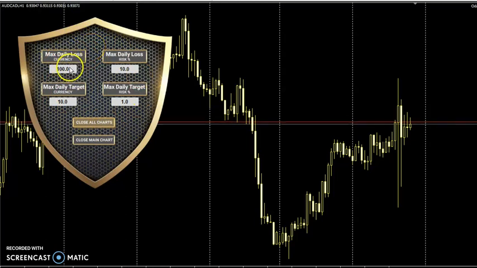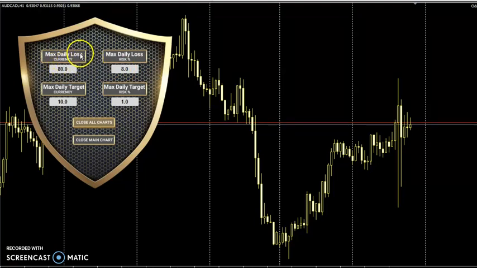You can see that when I entered $100 here, it changed to 10% over here because this is a $1,000 account. So it was automatically calculating the risk percentage for me. And if you want to change the values over here, it'll work in just the same way. So if I change this to maybe 8% and click out, this should become 80.